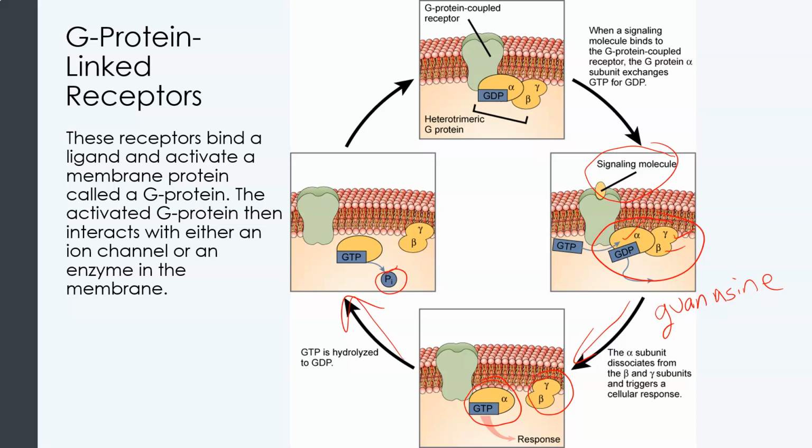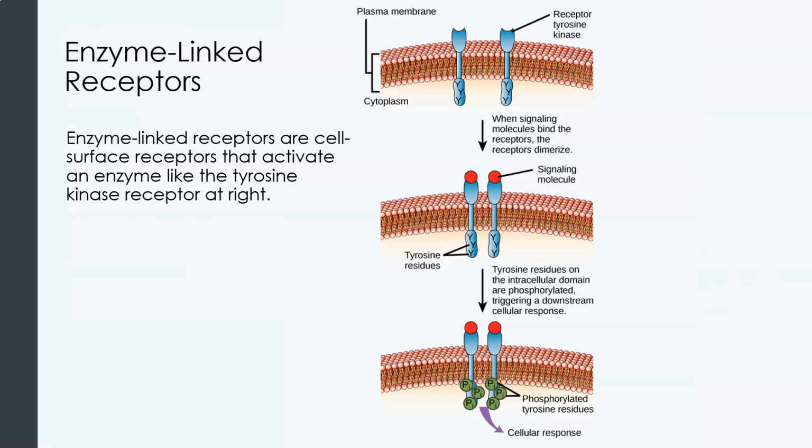And that will allow some intracellular process. It will trigger some process to start. Enzyme-linked receptors. Okay, so we have a receptor, for example, tyrosine kinase is an enzyme. The receptor tyrosine kinase, when signaling molecules or ligands bind, the receptors dimerize.